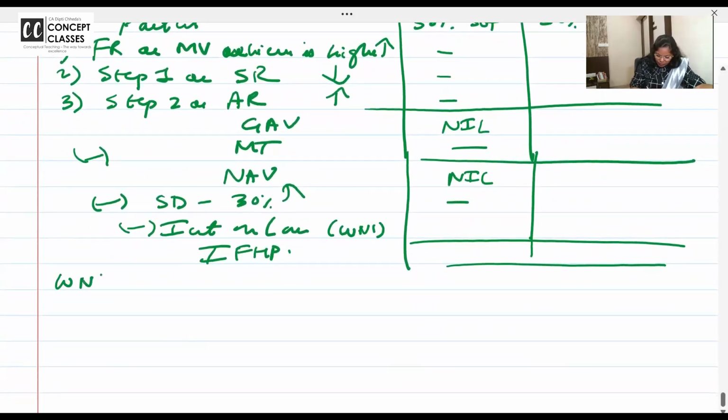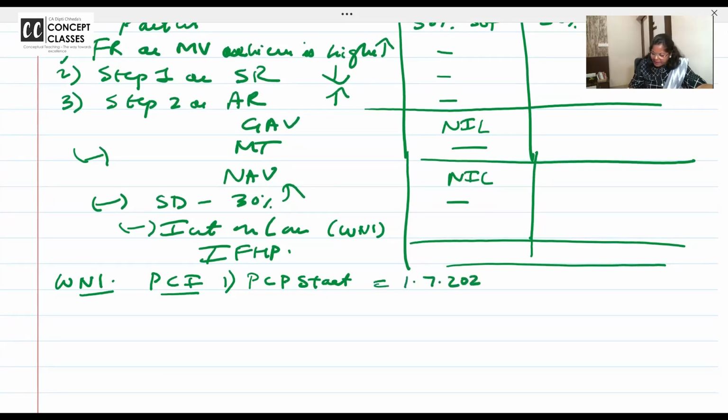In working note 1, first we'll work out the pre-construction interest for B. Pre-construction period starts: B started the construction on 1st April 22, but B availed the housing loan on 1st July 22.